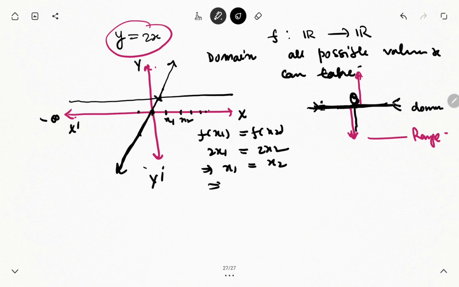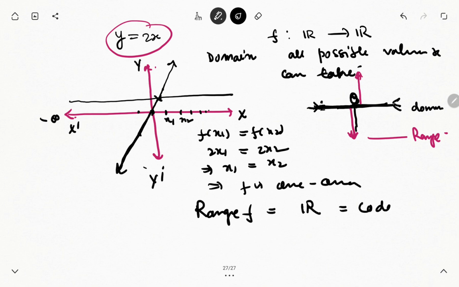Right? This implies f is one-one. And what is the range? Range of f is equal to R, which is equal to the codomain of the function. And this implies f is onto.